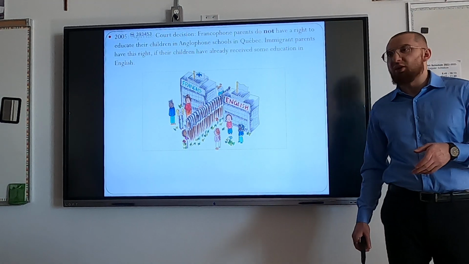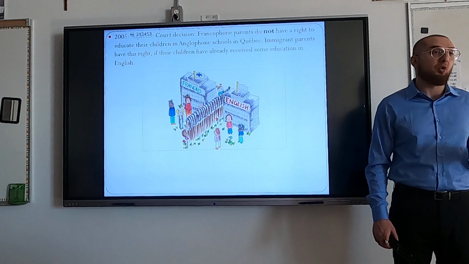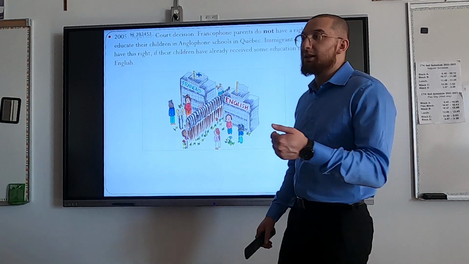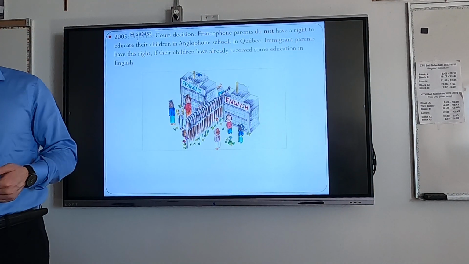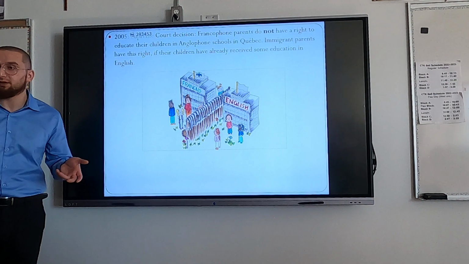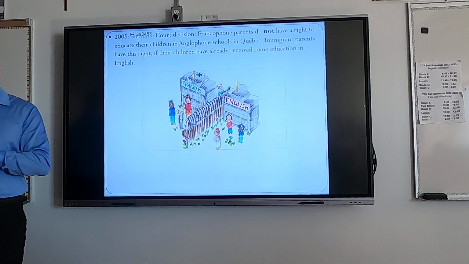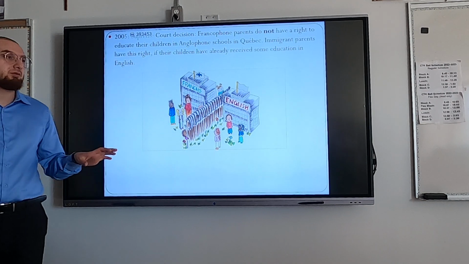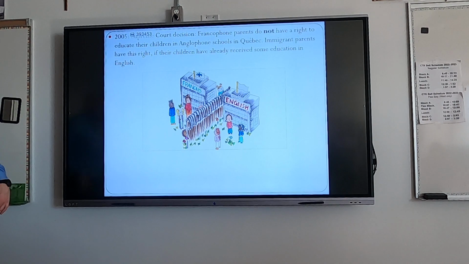If you're a French-speaking person living in Quebec and you wanted your child to have more opportunities by, let's say, going to an English-speaking school and gaining the ability to speak both languages, that's going to be very difficult. As of 2005, the Supreme Court simply stated, well, you don't have that right. If you're French-speaking and your family's in Quebec, you've got to go to a French-speaking school. But if you're an immigrant, you came here from somewhere else, and maybe you had a mixture of education in the languages, you have more of a right, more freedom.